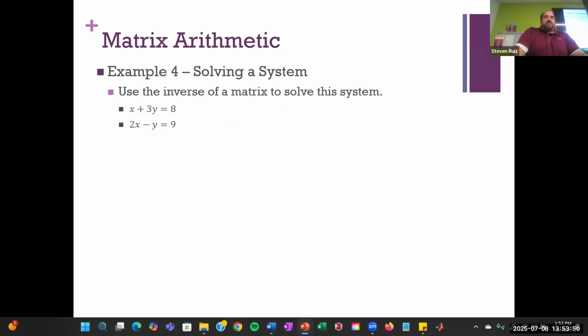So we've solved equations a bunch of ways. Let's use an inverse now. I have a system of 2 equations, 2 unknowns. How would I rewrite this as a matrix system?